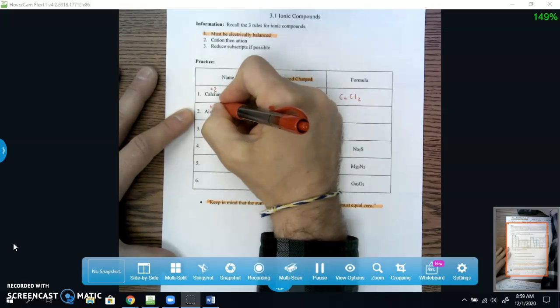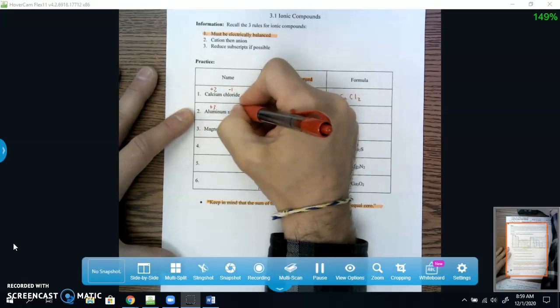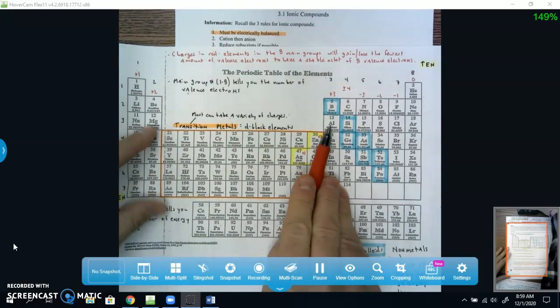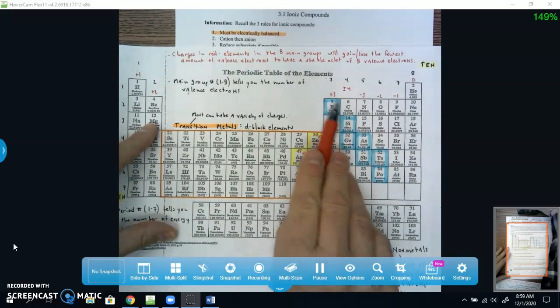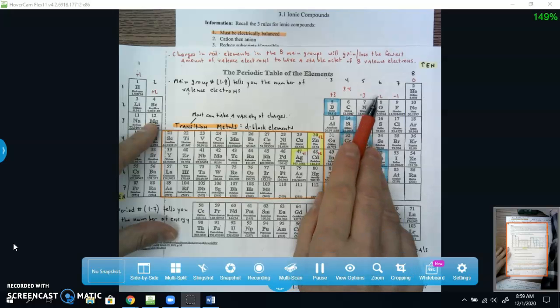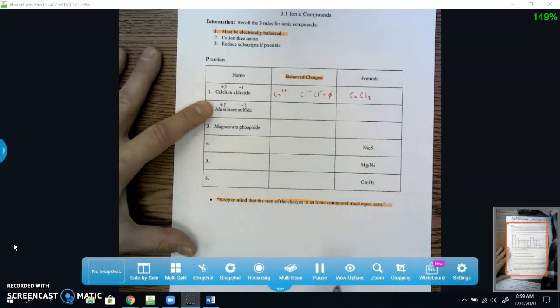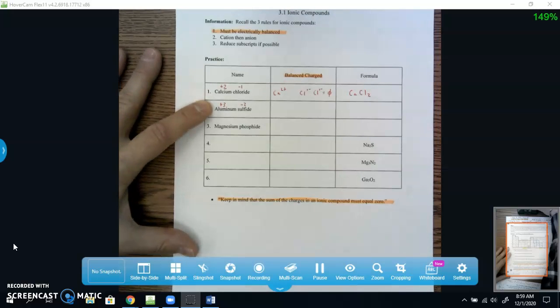Okay, same kind of thing with aluminum sulfide. Aluminum likes to take a +3 charge. Sulfide ion likes to take a -2 charge. By the way, just as a reminder, we get that information from right here on the periodic table. Aluminum ion, +3, sulfide ion, -2. Remember, we've got to think about the least common multiple. The LCM between 3 and 2 is 6.